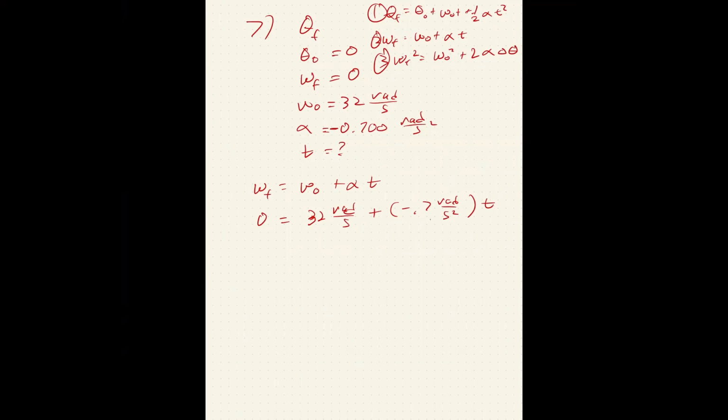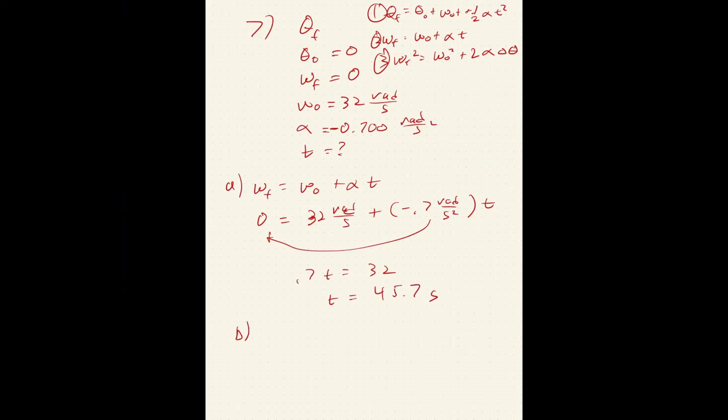So I'm going to move this over here, and I get 0.7 t is equal to 32. Then t is equal to 32 divided by 0.7, 45.7 seconds.